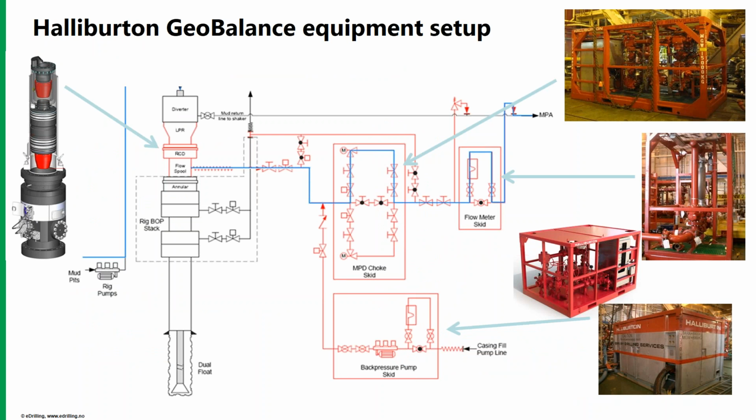So, to Ingvild. This is a simplified setup of the equipment that's brought offshore. You've got the normal rig stack, and then you add on these red components. You've got the RCD, then a choke with double block and bleed in a skid. There's a flow meter skid, and a back pressure pump which constantly flows through the chokes when the rig pumps are off, so that you maintain flow through the chokes at all times.